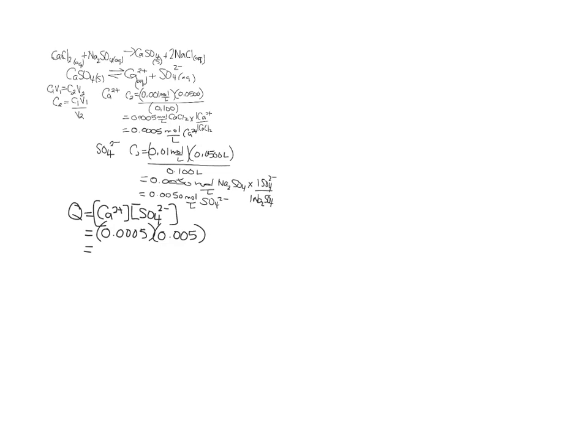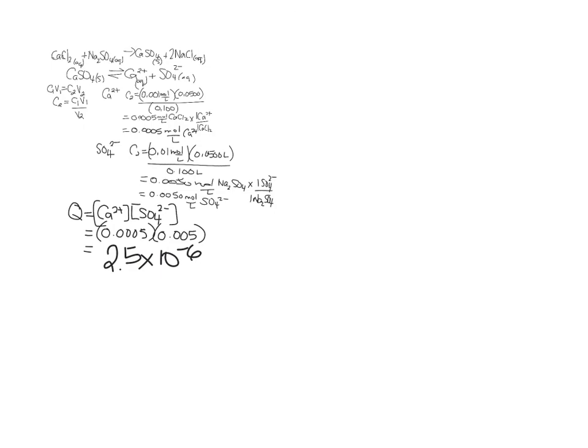Five zeros, then 2, 5. So 2.5 times 10 to the negative 6. We don't need units in this equilibrium. So let's compare it to our KSP.